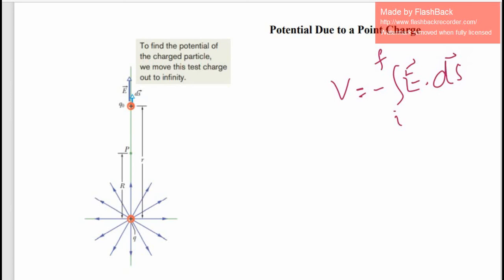You can see here that the positive point charge Q produces an electric field E.